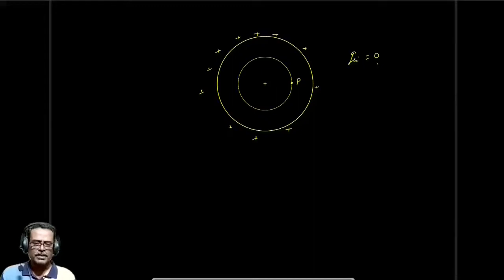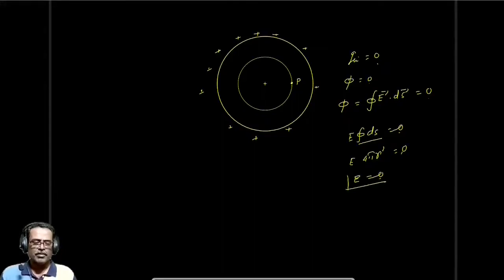Therefore phi is equal to 0, which means the closed integral of E dot ds is equal to 0. So E times the closed integral of ds is equal to 0. Since ds has a definite value, 4 pi r square, E is equal to 0. So we can say that at any point inside a hollow sphere, the net field is 0.